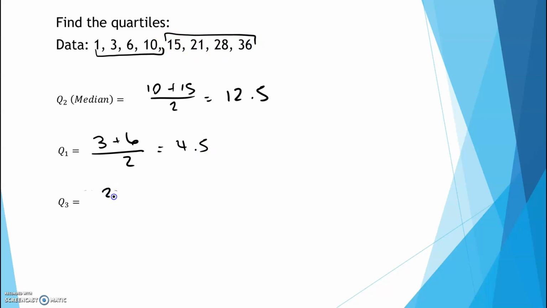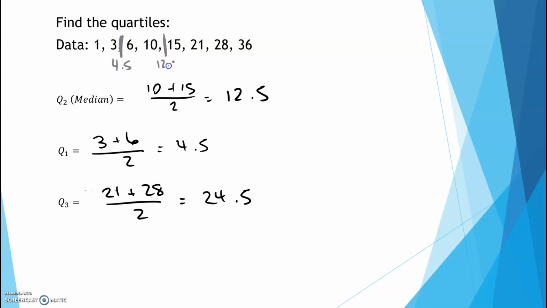The 2 in the middle are the 21 and the 28, divided by 2, and that's going to give me 24.5. Okay, so if I break this up, I got 4.5, so that's about here. 4.5, 12.5 is here, and 24.5 is here.